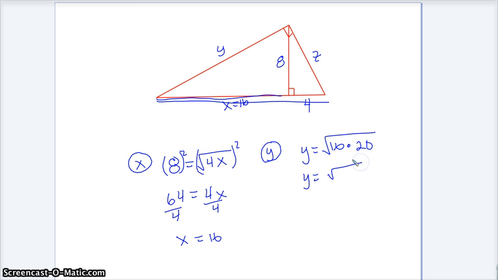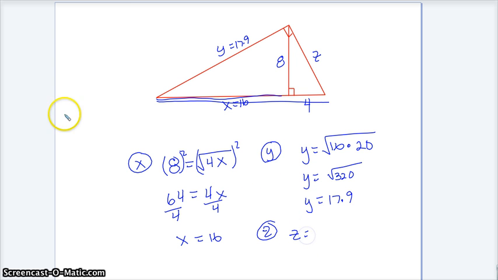So y equals the square root of 320, and the square root of 320 is about 17.9. All right, to find z, I will set up my equation.